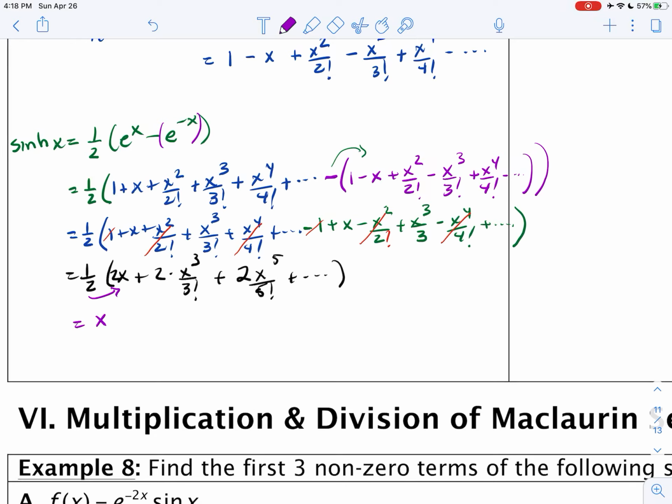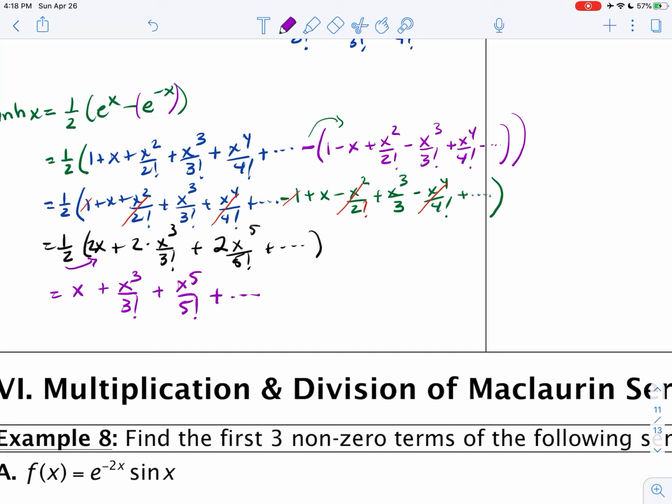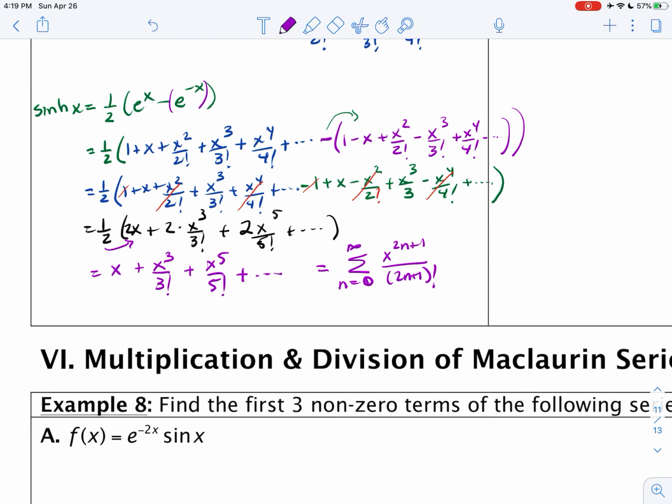And then if I multiply through by the 1/2, I end up with x plus x cubed over 3 factorial plus x to the 5th over 5 factorial plus ... And then I can see that I have all positive terms, so I don't need a minus 1 to the n, and I can say that this is the sum from n equal 1 to infinity of x to the 2n plus 1, or actually I'll start from 0, because then if I start with n equal to 0, I get x to the 1st over 2n plus 1 factorial.